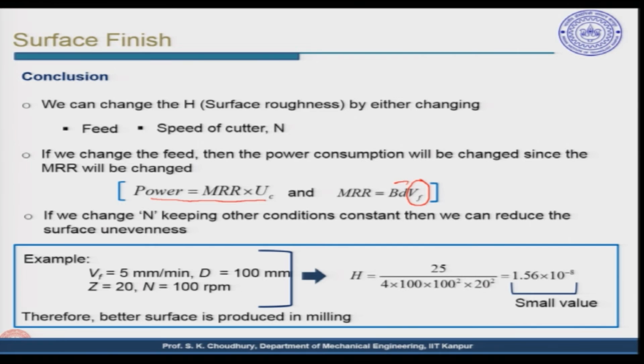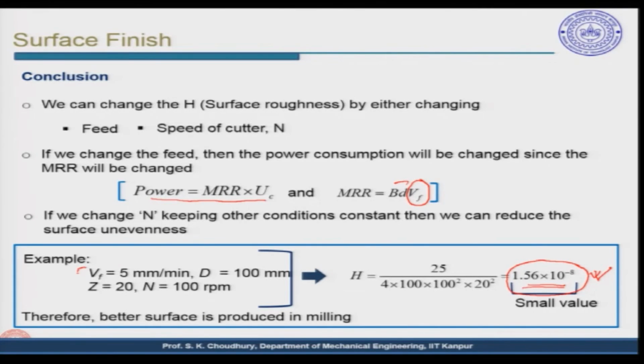Now, there is a small numerical example. You can see that the Vf is given, diameter is given, Z, the number of teeth, is given, RPM is given, and you can find out from here the value of the H. Why have I given this example? Because you have to compare that with the similar parametric values of turning.